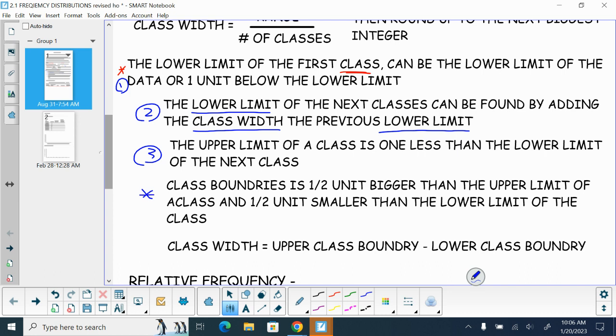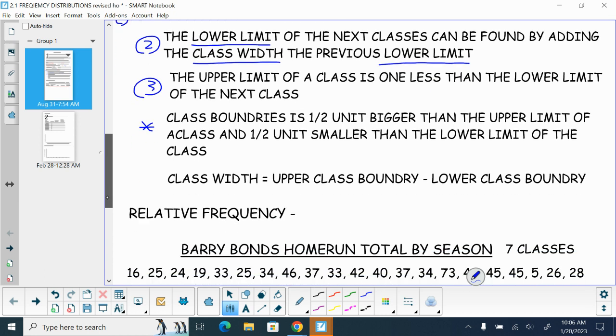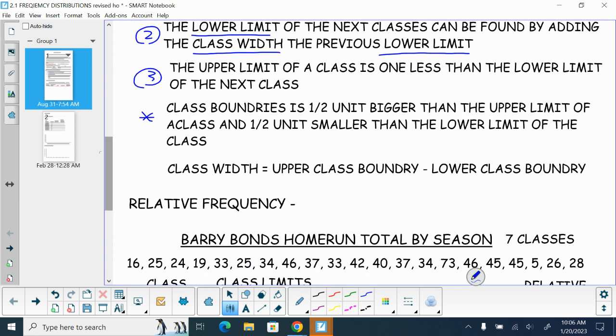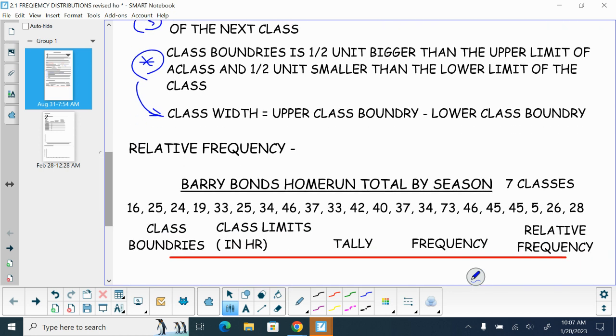They are a half unit bigger than the upper limit of a class and a half unit smaller than the lower limit of the class. The class width is the upper class boundary minus your lower class boundary. So these class boundaries here, I could subtract to find my class width. And once again, we'll go through a problem in a minute.